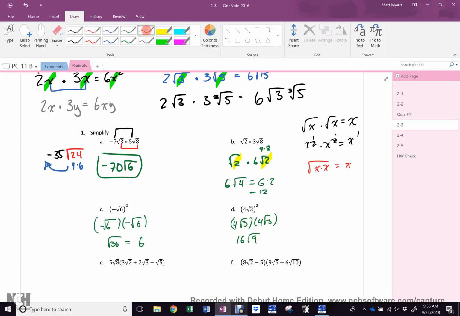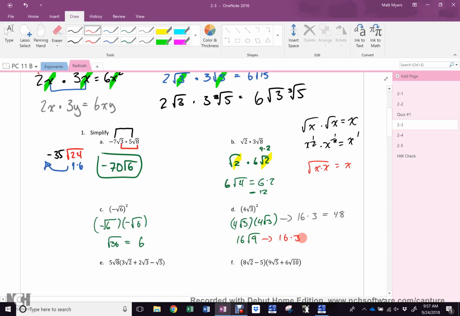So some of you that are more comfortable might go right to here and go 16 times 3 and get 48, right? But some of you may need to go through this step to get to the root of 3.